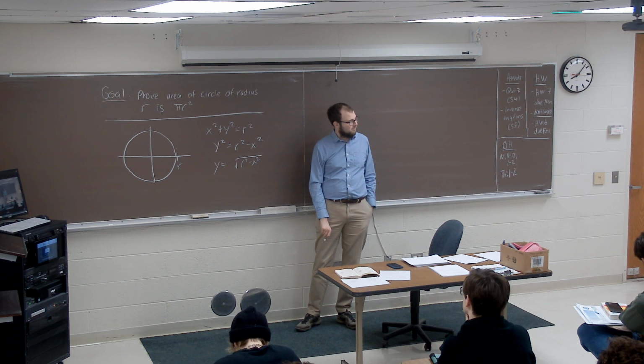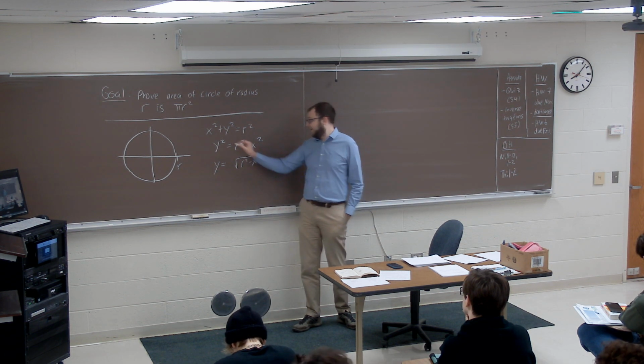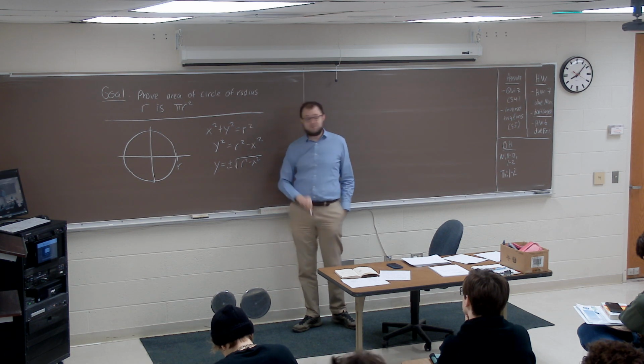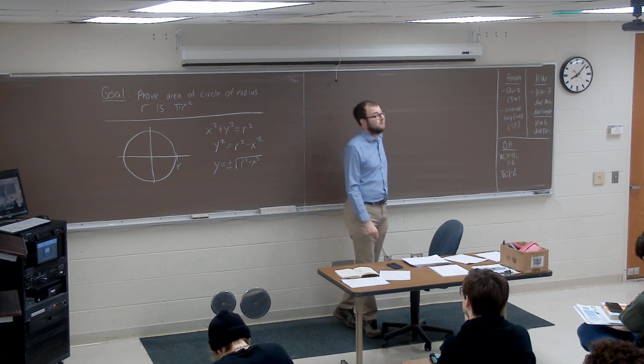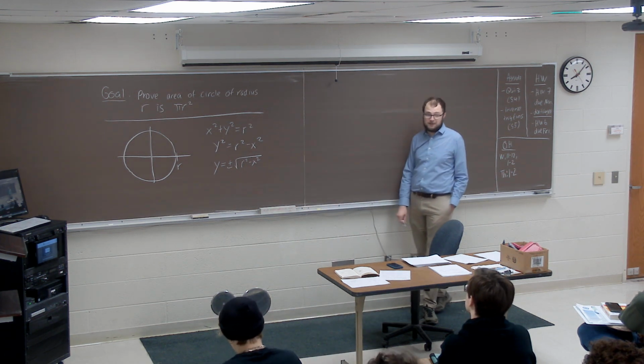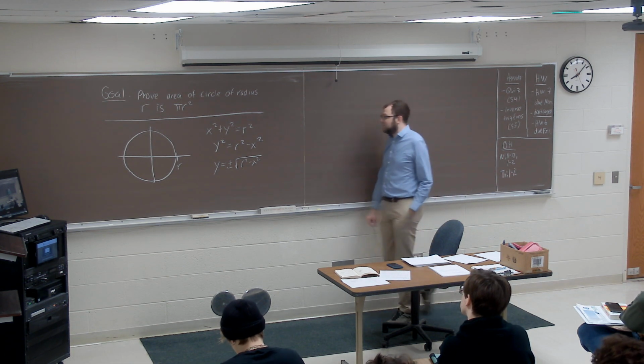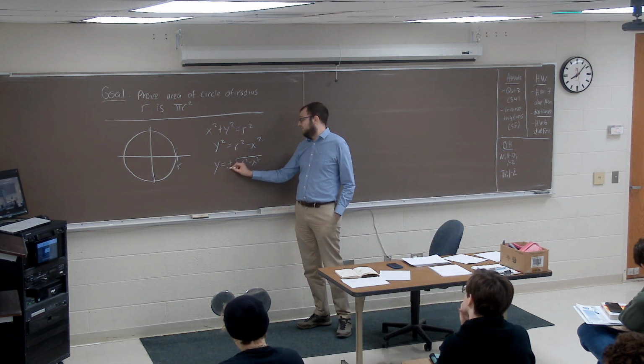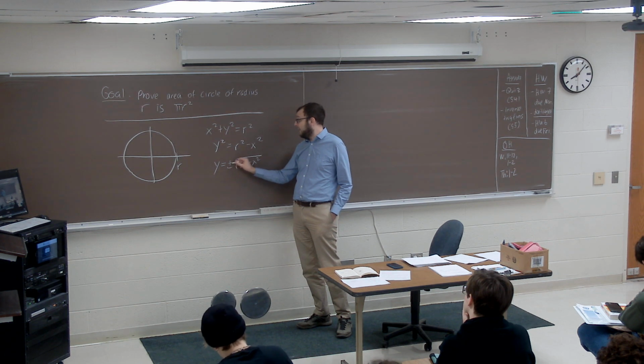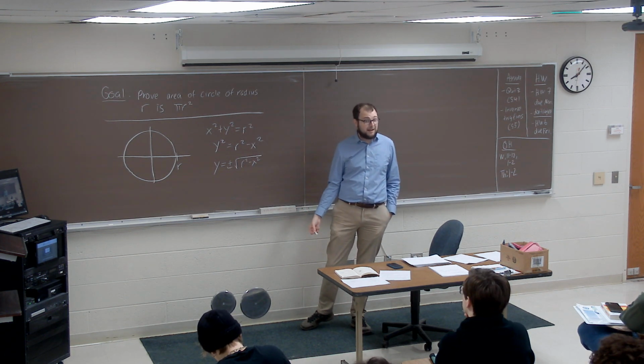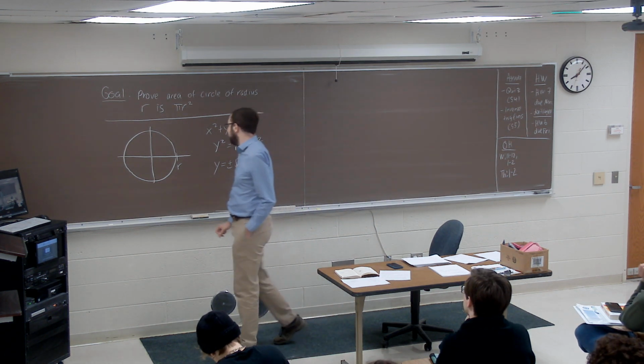Almost. Theoretically, y could be negative, which would give us y could also be equal to the negative square root of r squared minus x squared. Because if you square both sides, if you had a negative sign here, the negative would cancel out and still leave us with r squared minus x squared.